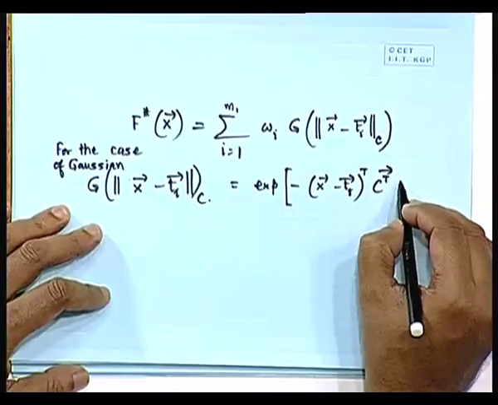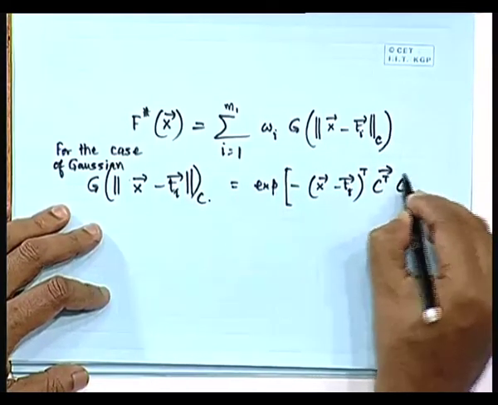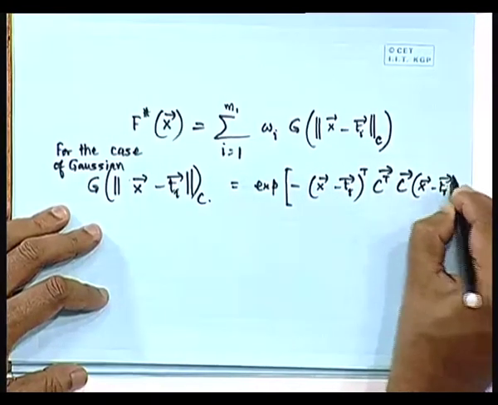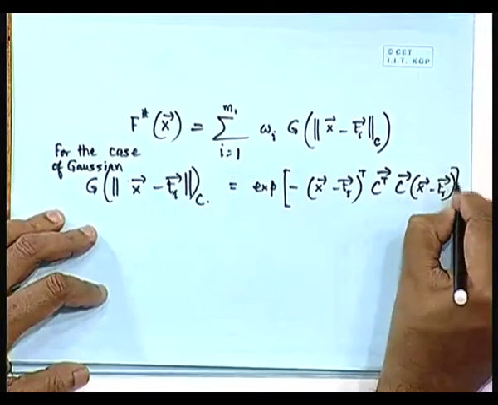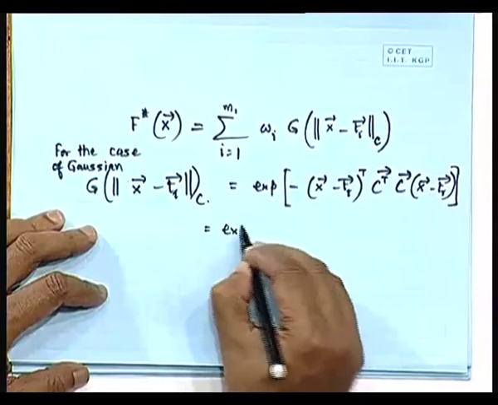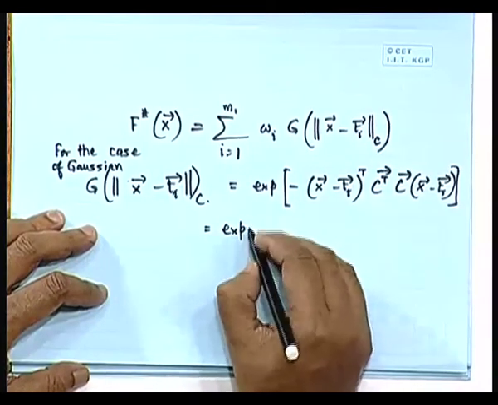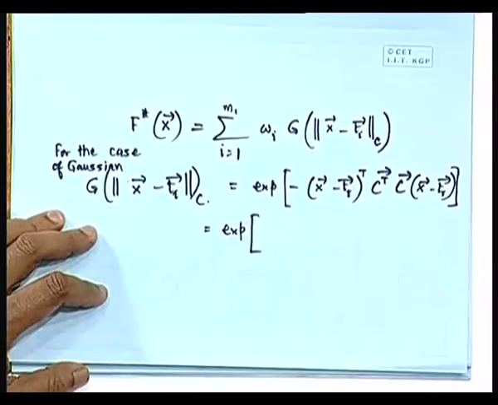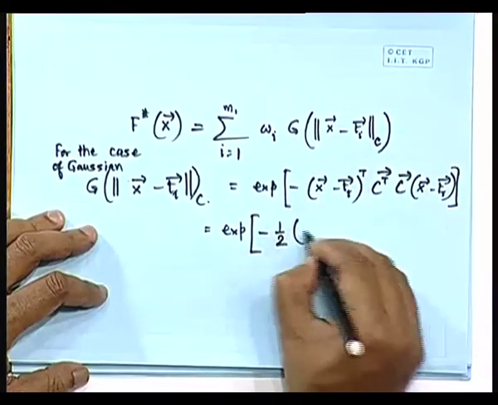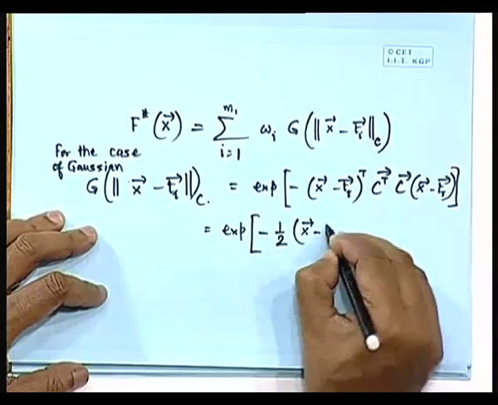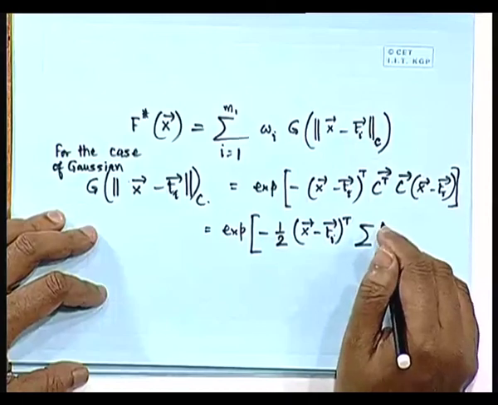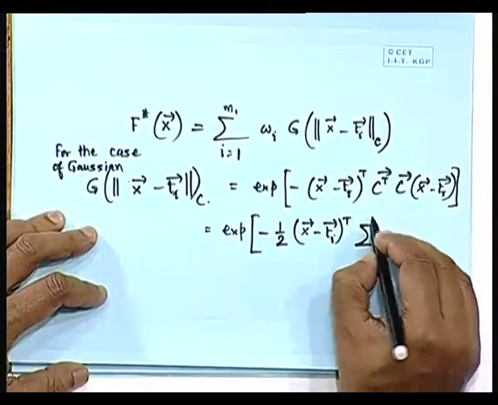Tell me, do not keep quiet. C, and then x minus ti, that is correct. So this becomes the argument of the exponential, and we can write the entire thing as minus half x minus ti transpose, and we introduce a new matrix which we call the capital sigma matrix.